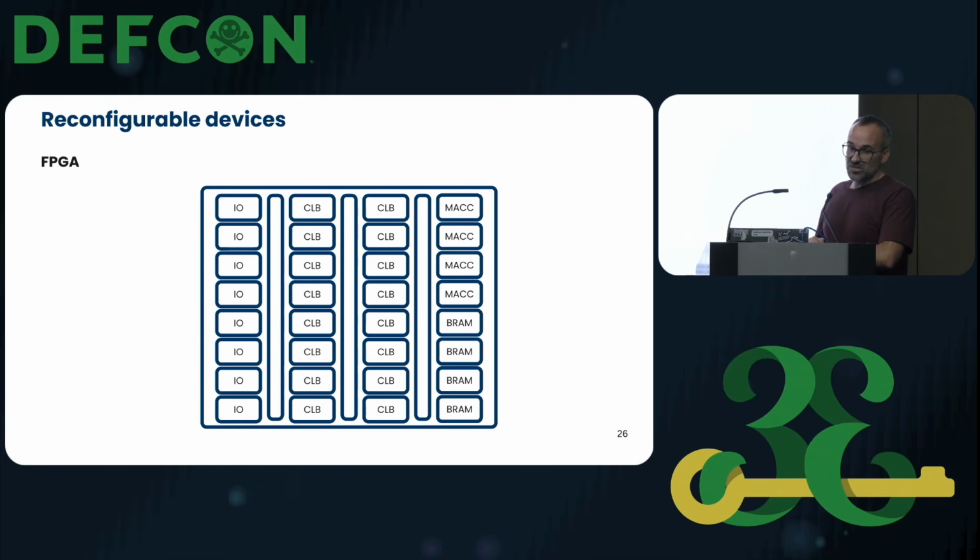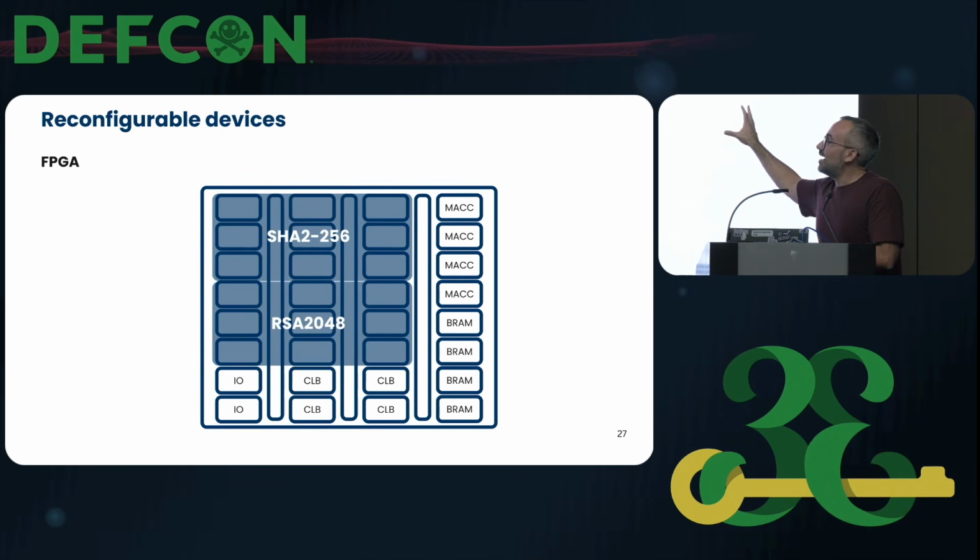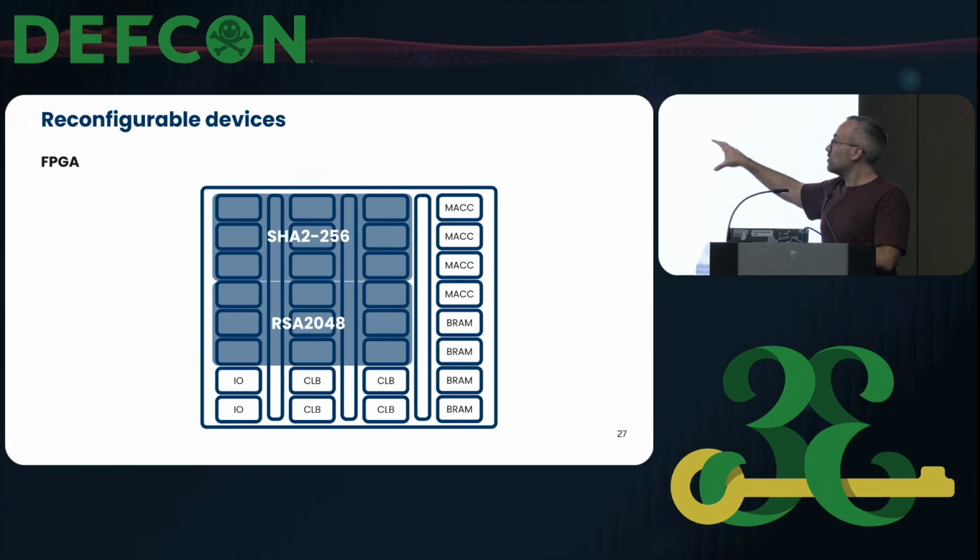But what is an FPGA? An FPGA is an integrated circuit in which inside we can find a matrix of different elements. We have input and output blocks, and we have a big set of configurable logic blocks. Also, we can find multiplication and accumulation blocks and block RAM blocks. The key of these elements, what makes them great, is that I can use a set of blocks to implement SHA256, for example.